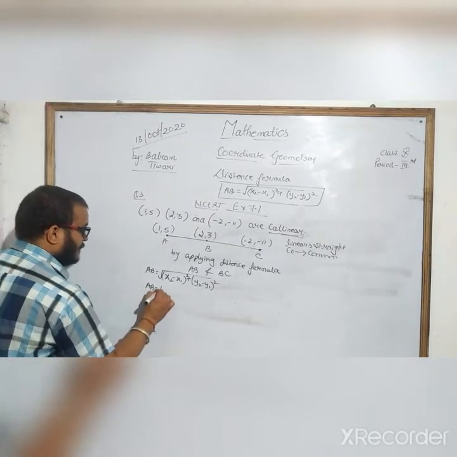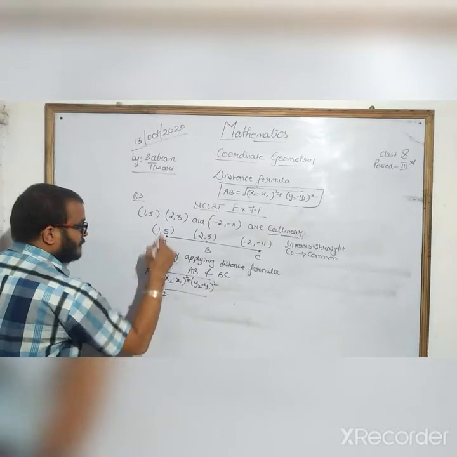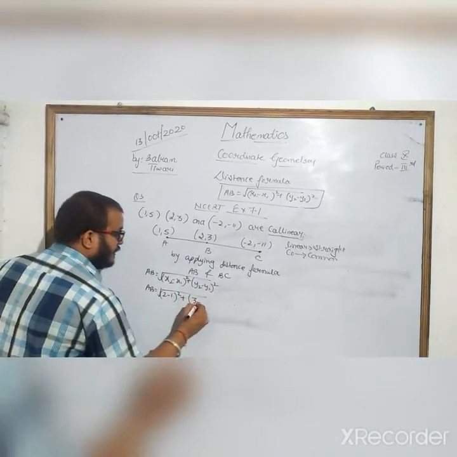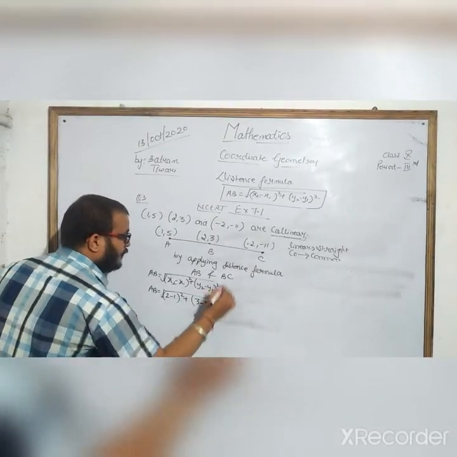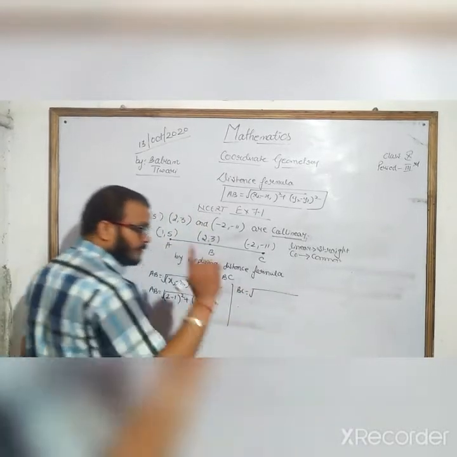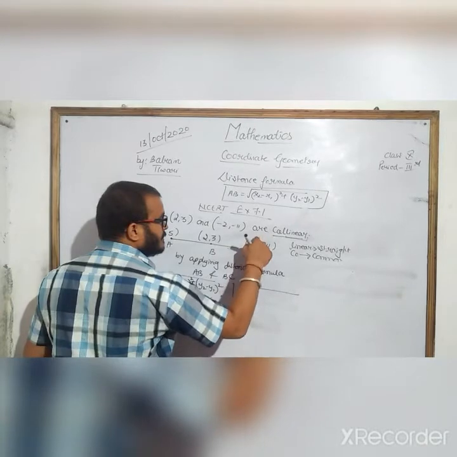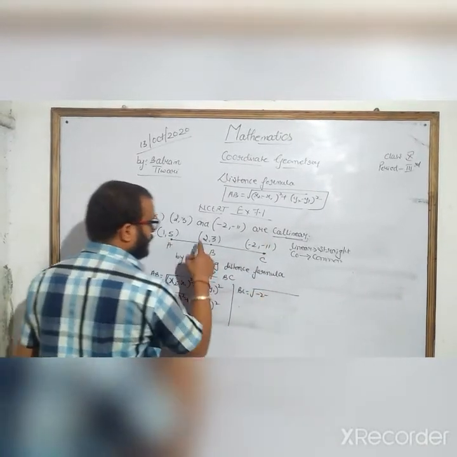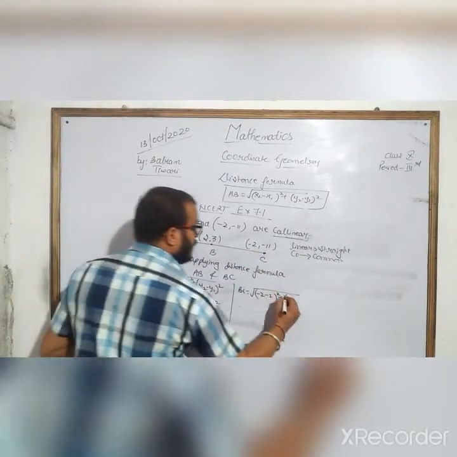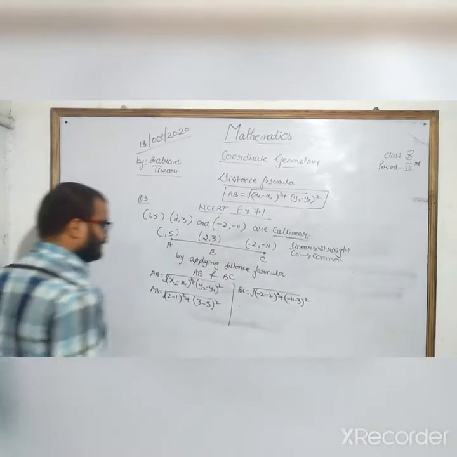For AB, x2 is 2 minus x1 which is 1, of whole square, plus y2 is 3 minus y1 which is 5, of whole square. Same in the case of BC. I am not going to write the formula again because it is written here. For BC, it is minus 2 minus 2 of whole square, plus minus 11 minus 3 of whole square.